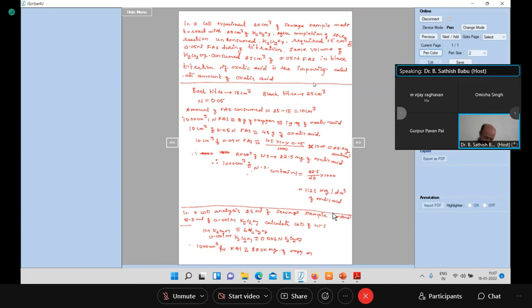8.3 ml. 8.3 cm cube of what is the normality? You calculated 0.006 normal FAS will be equivalent to how much then?